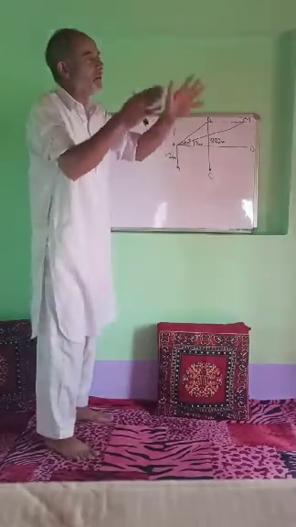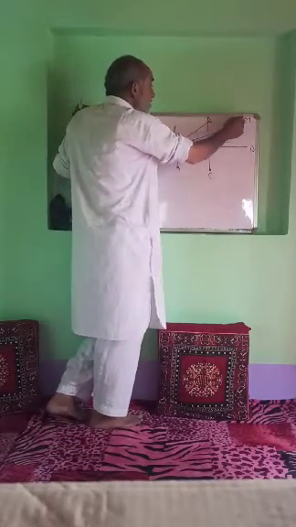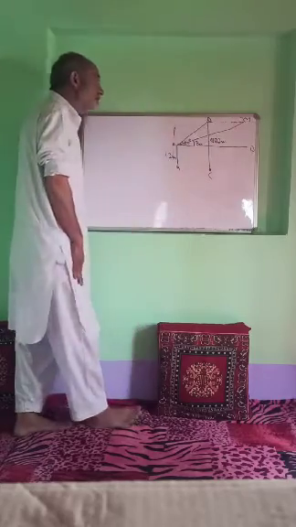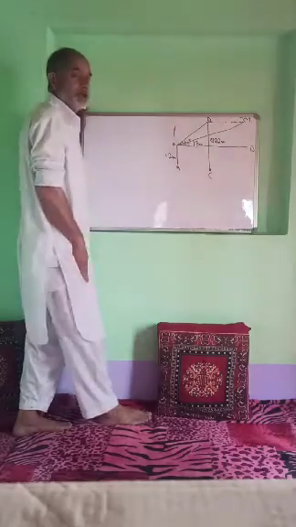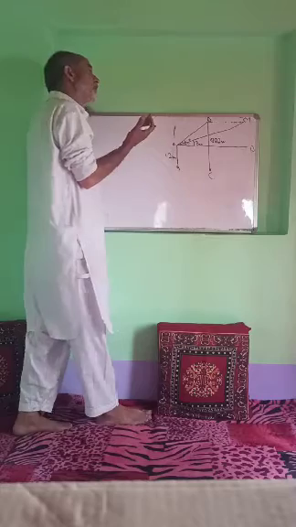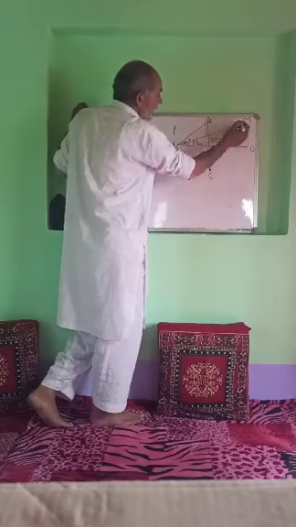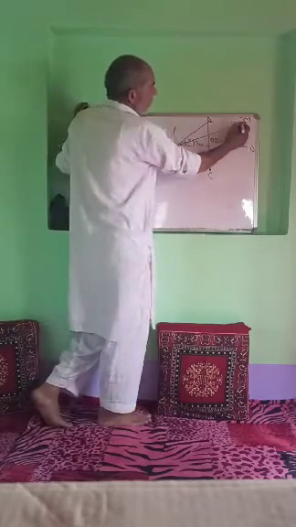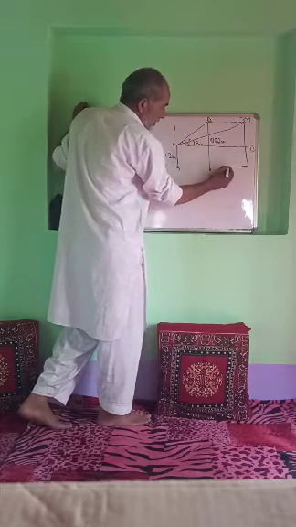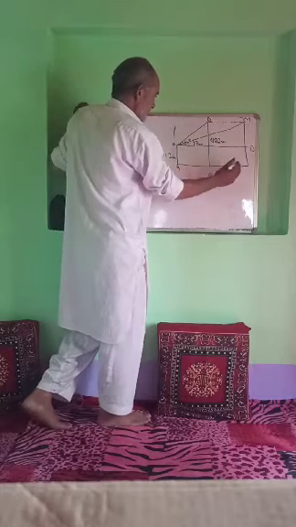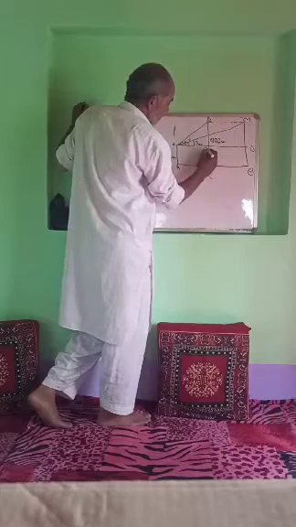When the balloon moves away from us and covers a distance from D to M, the angle of elevation gets reduced and becomes 30 degrees. What we have to find? The question says we have to find the distance traveled by the balloon during this interval. This is also the height of the balloon. We will mark this point as Q and this point as R.